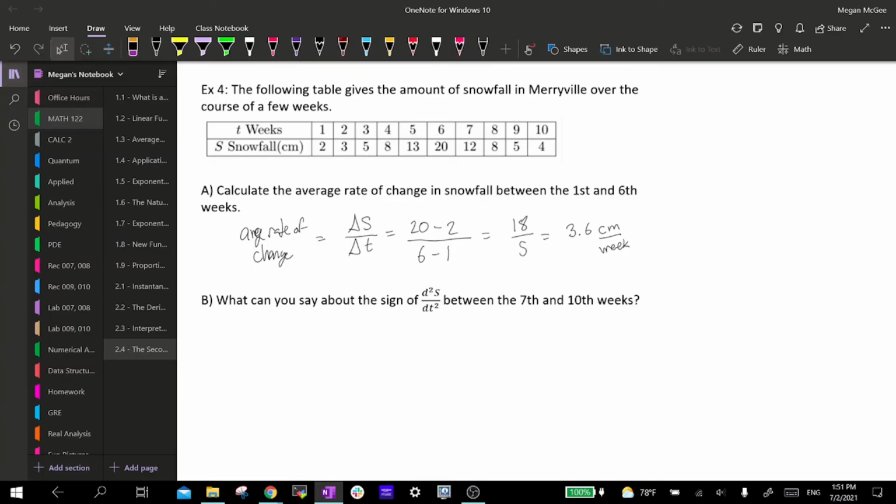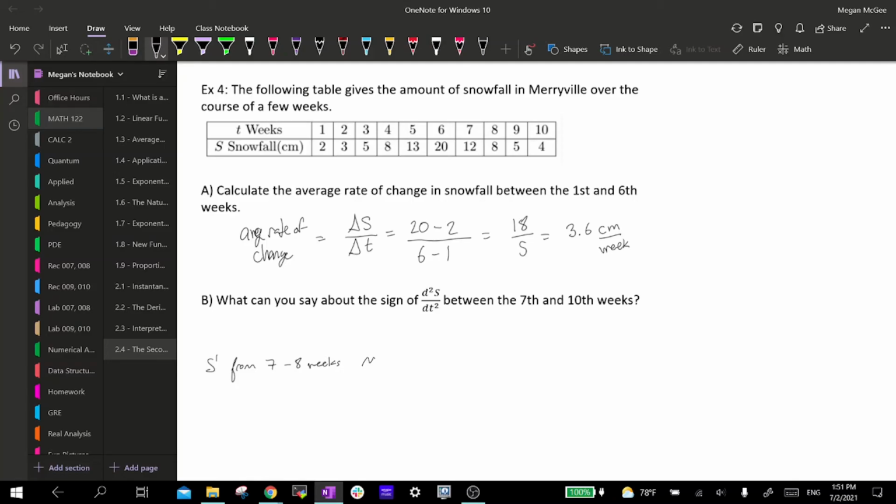So we're going to need to go ahead and calculate or estimate all of the first derivatives between the 7th and 10th weeks, and then see what is happening to our first derivatives.